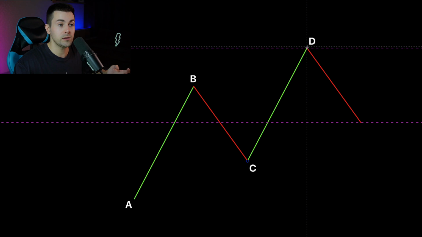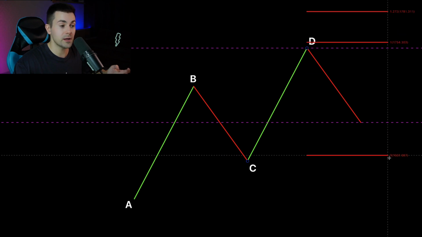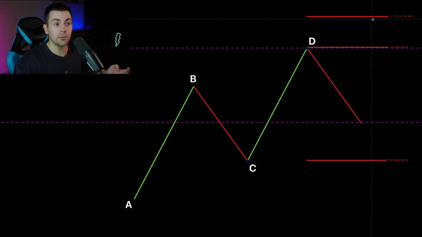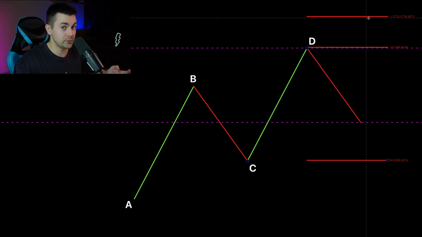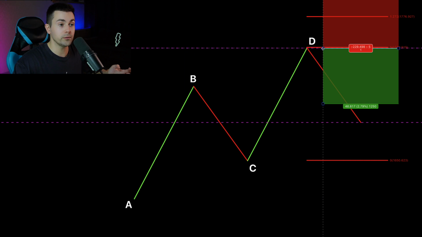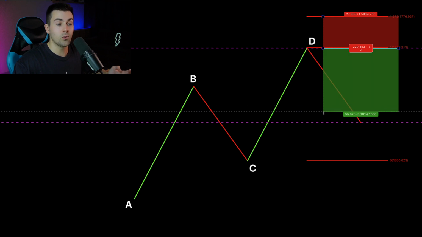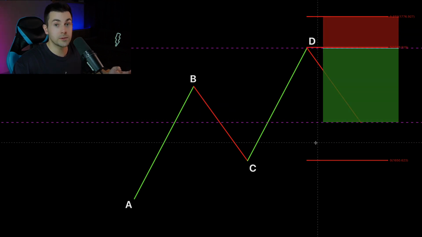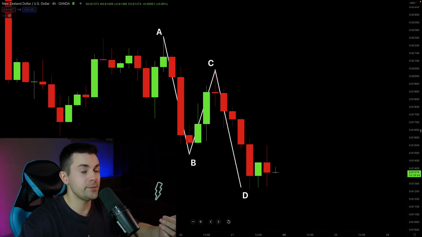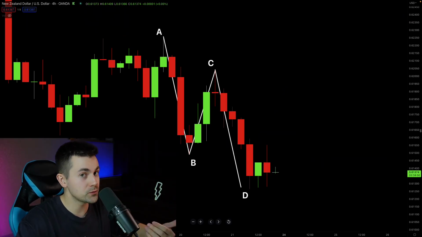From C to D, we will draw the Fib extension, and our stop loss will be 1.272 extension. So shorting from the D point, setting your stop loss based on 1.272 extension, your take profit will be the projection of B2C leg.